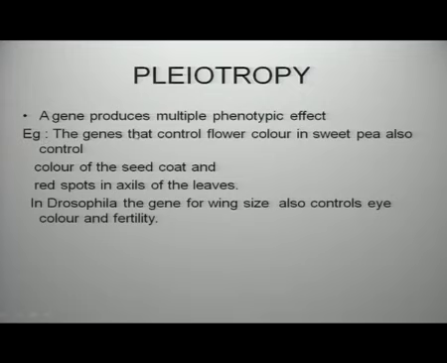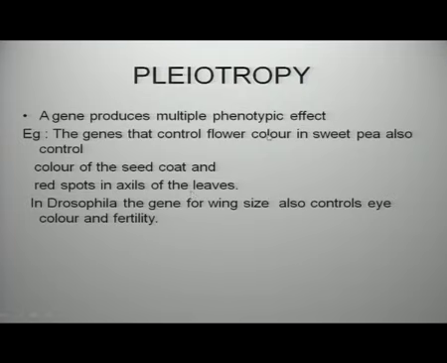For example, the gene that controls flower color in sweet pea also controls the color of the seed coat and also the red spots in the axil of the leaves. The single gene here produces 3 different phenotypes: 1, flower color; 2, color of the seed coat; 3, red spots in the axil of leaves.